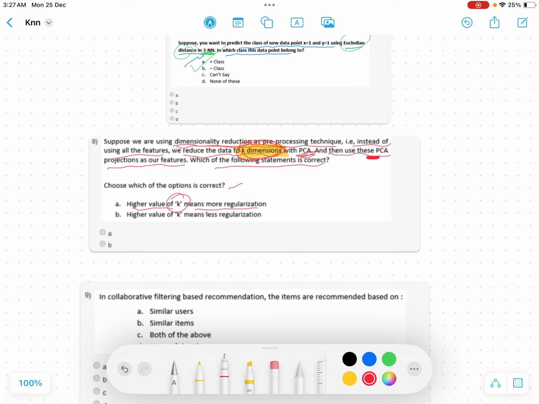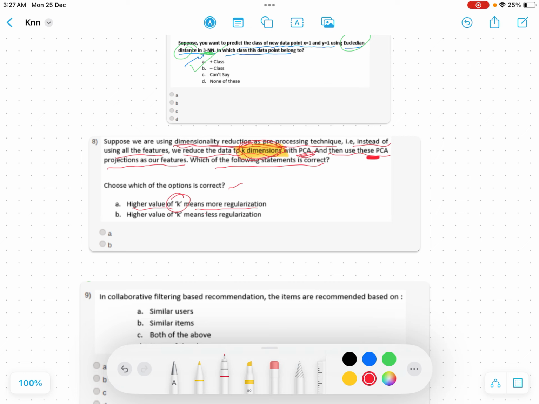Regularization basically penalizes. If you are adding the regularization term, the main point of adding regularization is to have less, or some kind of neglecting of some dimensions, right?